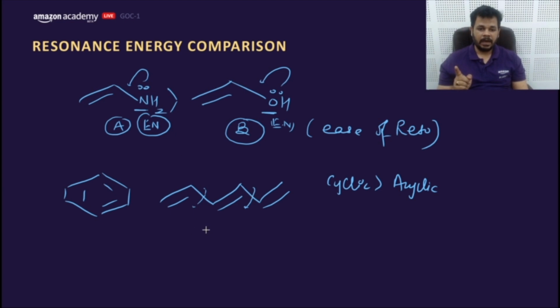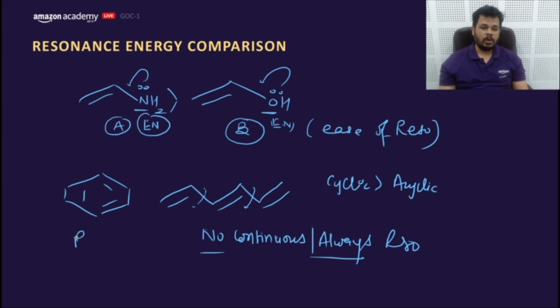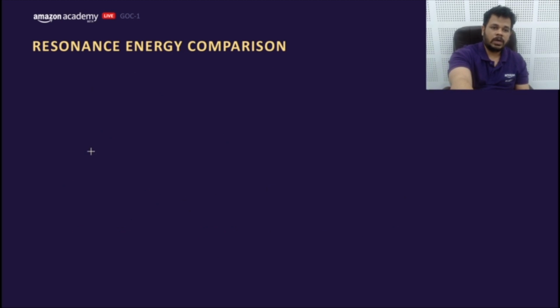That means there is no continuous resonance, but cyclic shows the resonance always continuous. That means cyclic would be better than acyclic. So these are some points to consider for resonance energy.